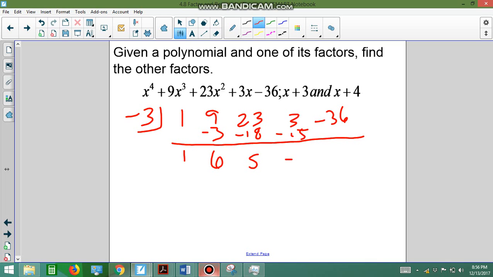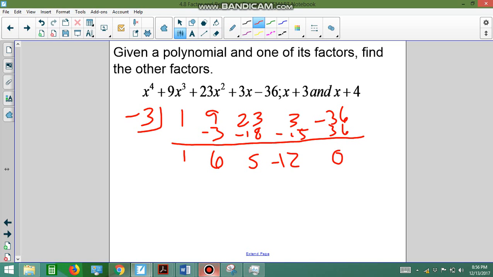Plus 3 is -12. And then -12 times -3 is +36. We add, we get 0.